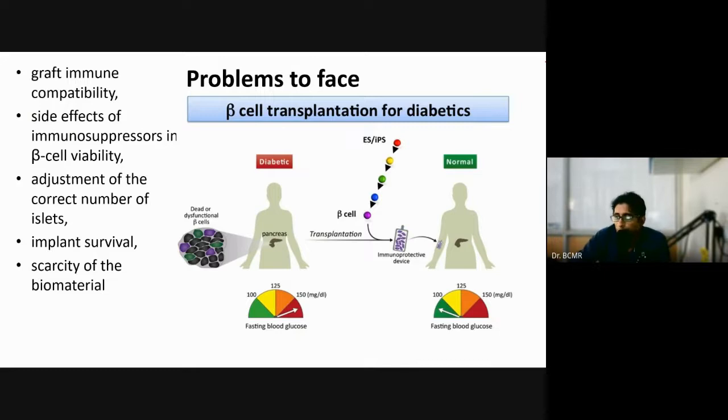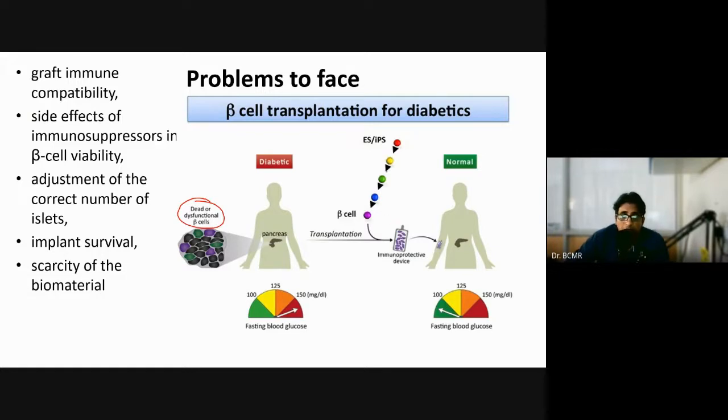There are several problems and challenges associated with every treatment. First problem is, if a diabetic person is type 1, their beta cells are dead or dysfunctional, and they could be dead because of the antibodies against beta cells.